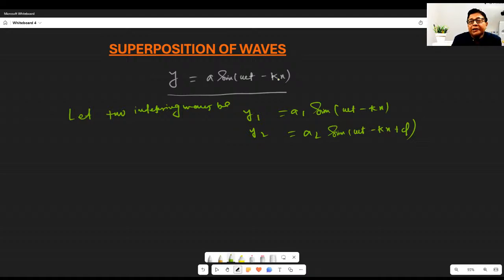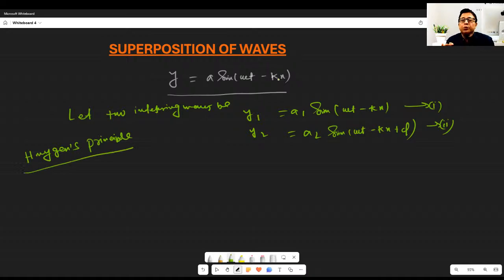Now, these two waves in a medium will superpose. There must be some principle. What is the principle? That is Huygens principle. What is Huygens principle? If two independent waves reach a point in a medium, then the resultant displacement of a particle is the algebraic sum of the displacement it suffered due to each individual wave.